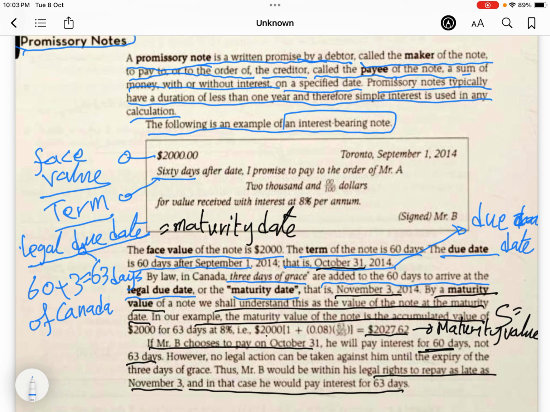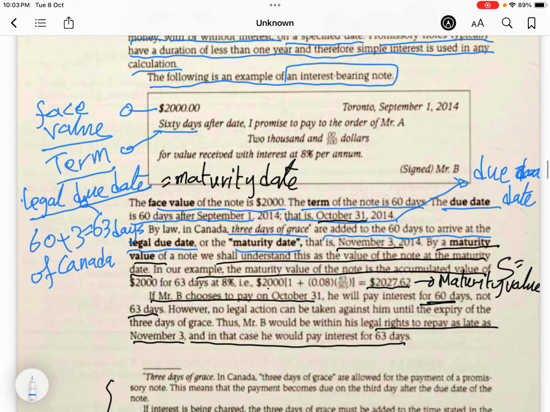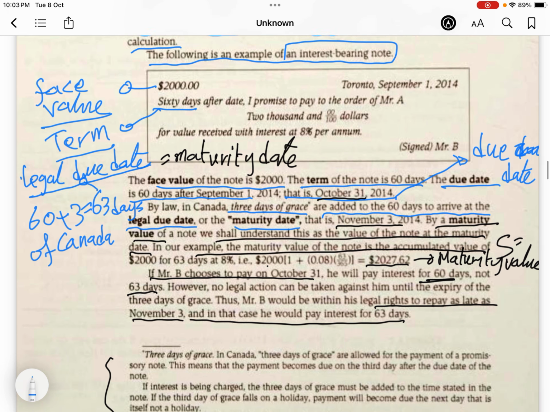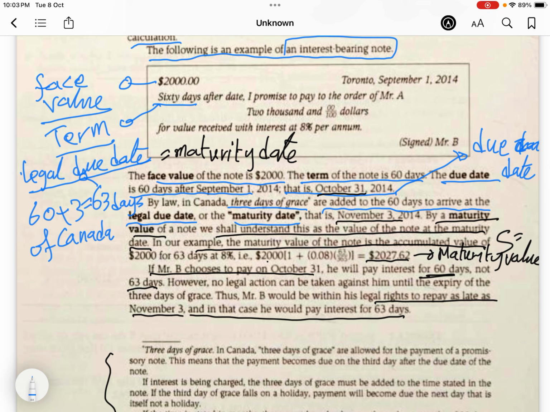Here, a 2000 face value, 60 days term, with a discount rate. We will say the face value of the note is 2000, and the term of the note is 60 days, and you must add 3 days in Canada.